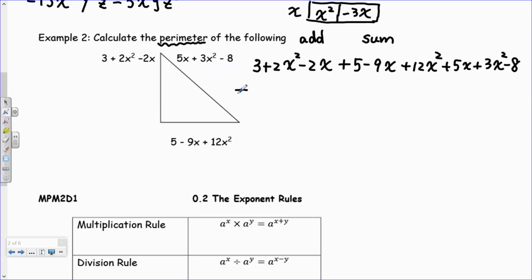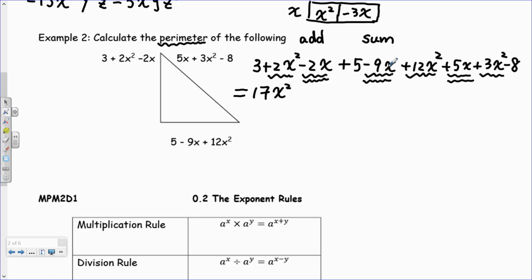Then, like I said, we want to start with the x squared first, the highest degree first, then x, then the constant. So 2 plus 12 plus 3: the x squared terms are like terms. You need the same variable and the same degree, and you can only collect like terms together. 2 plus 12 plus 3 gives you 17x squared. Then the next one, the x terms: negative 2x minus 9x plus 5x.